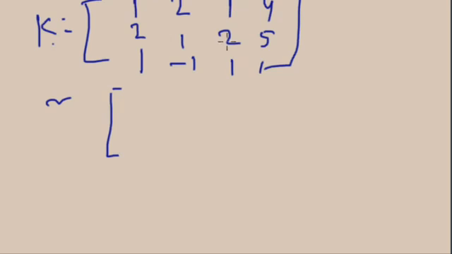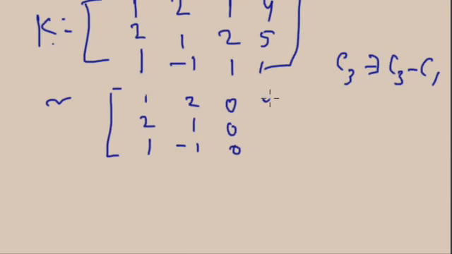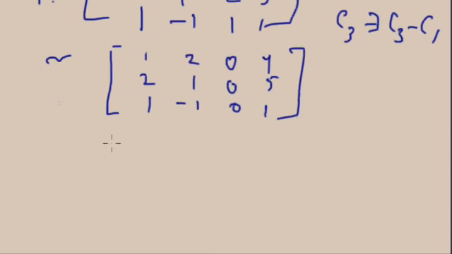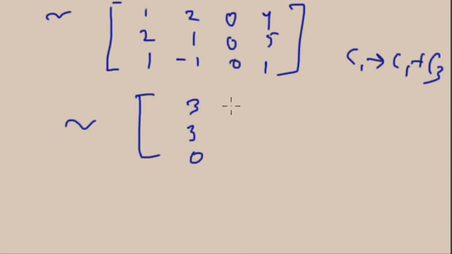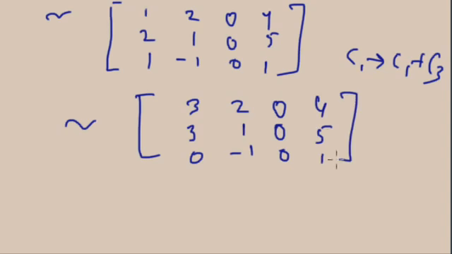If I reduce this column, meaning C3 minus C1, it will be 0. So it is 1 2 1, 2 1 minus 1, 0 0 0 and 4 5 1. Now add C1 plus C3, giving 3 3 0, 2 1 minus 1, 0 0 0, 4 5 1.